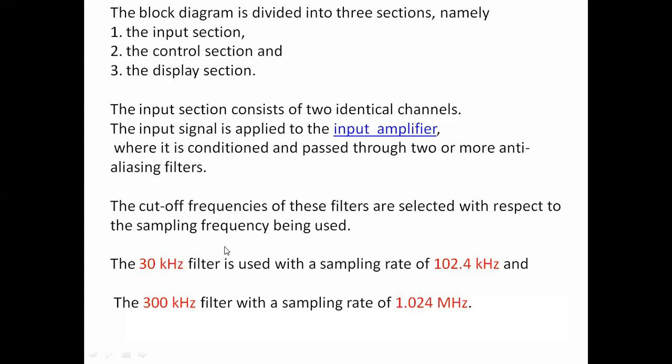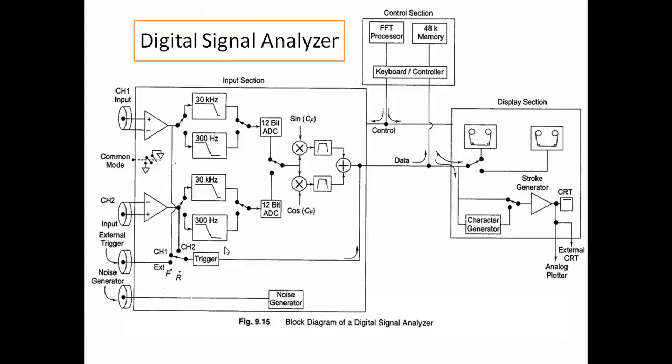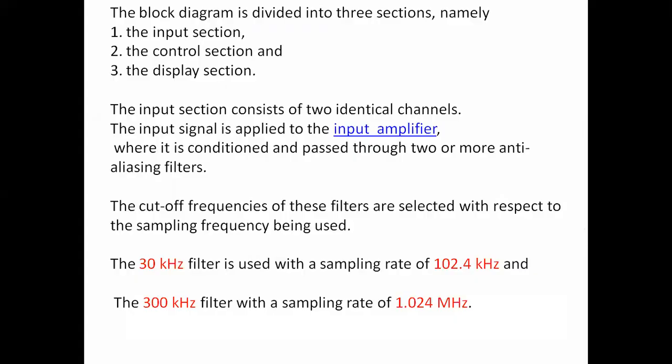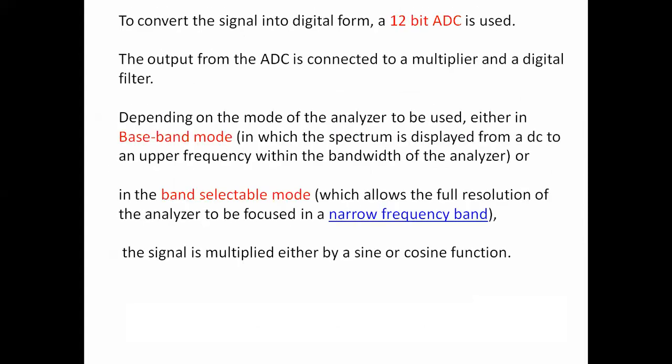So here in the block diagram we have two filters. Okay. 30 kHz and 300 kHz. So for this we will set the sampling rate like this. Okay, for each filter, and the output of the filter is given to A to D converters. So to convert the signal into digital form, a 12-bit ADC is used.